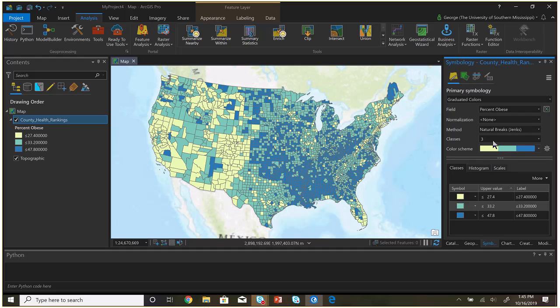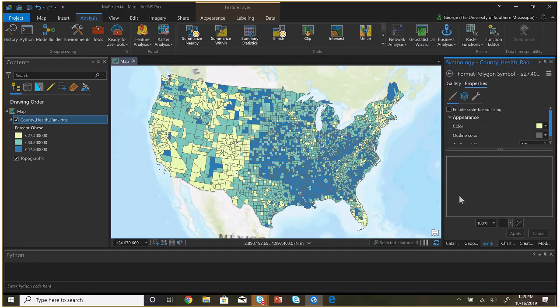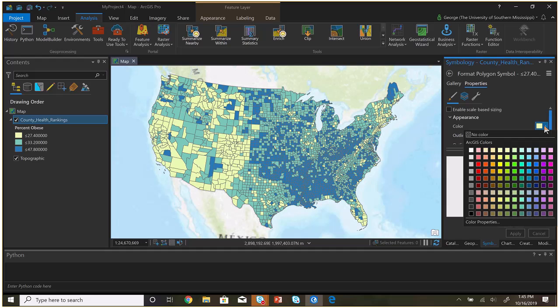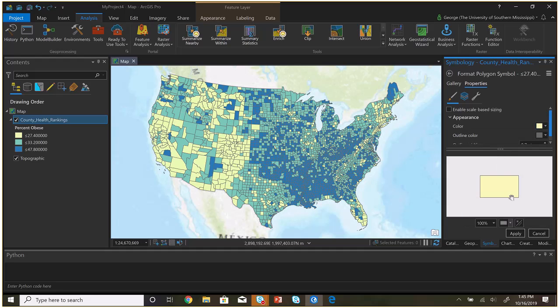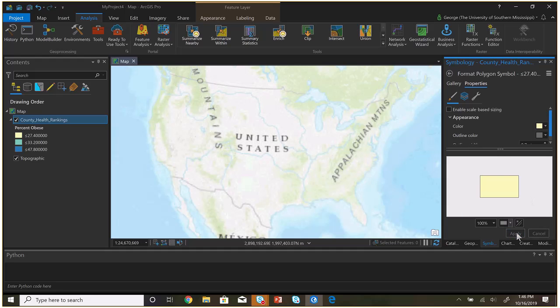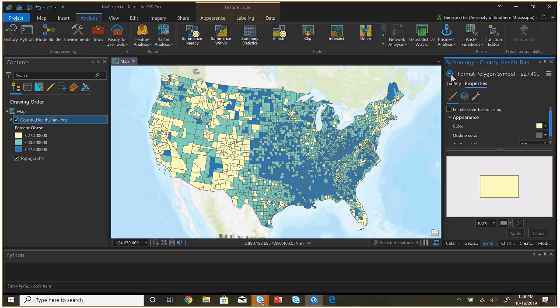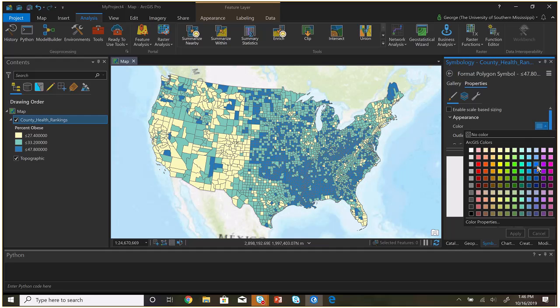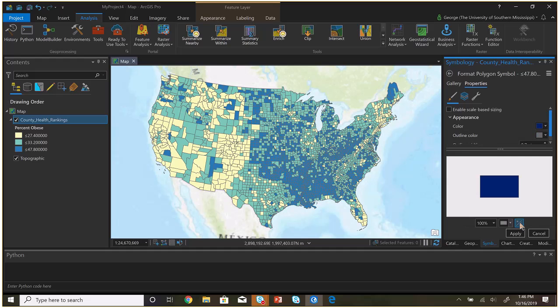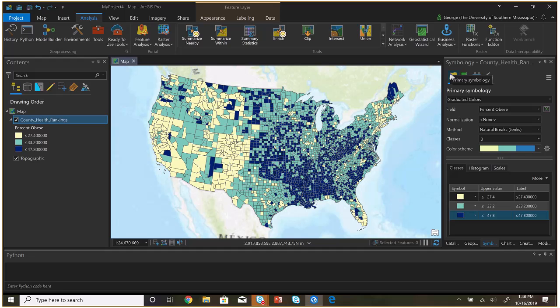In other words, yellow is, or I could just do this. Something lighter than that. There we go.